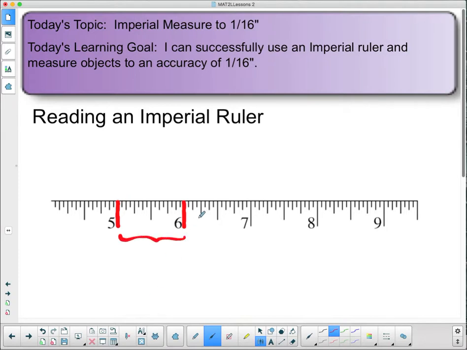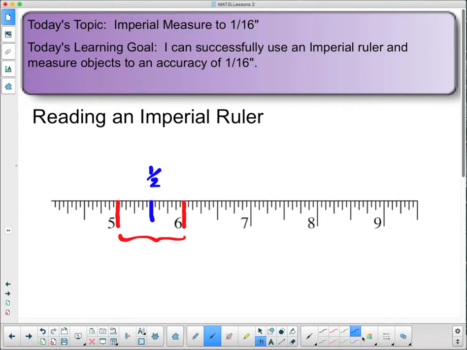Now, instead of dividing up everything into tens like the metric system does, the imperial system starts splitting stuff in half. So we take this inch and split it in half, and the next longest bar marks it in half. So that is 1/2 there.